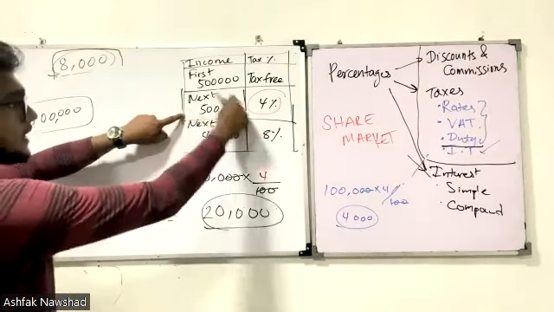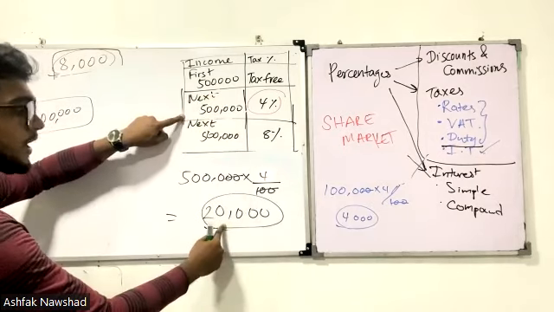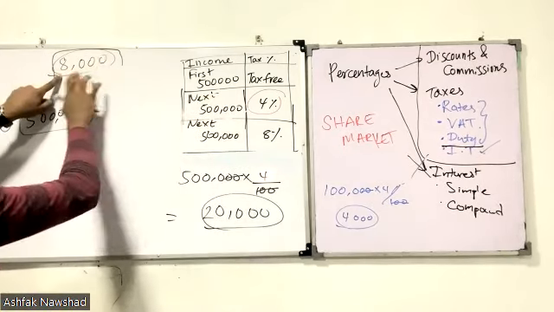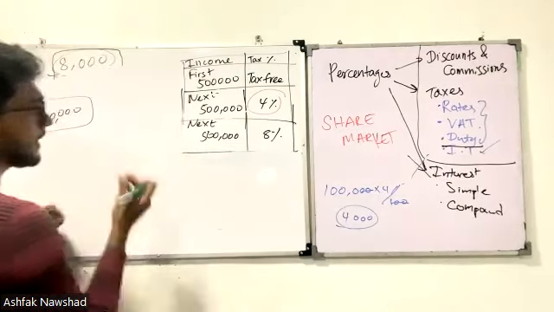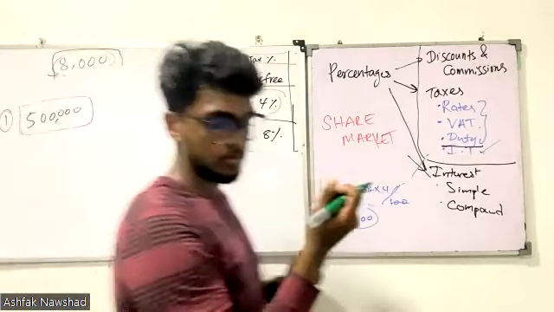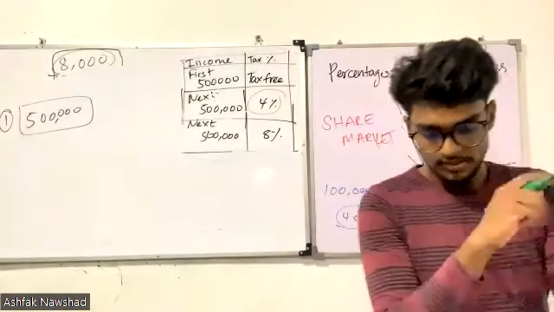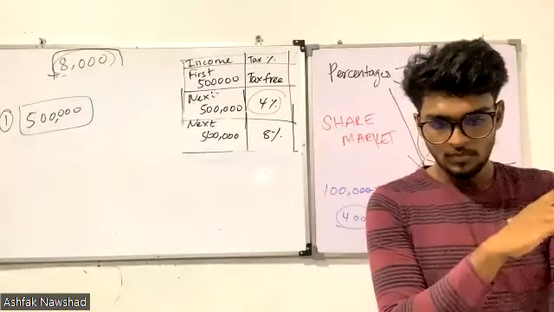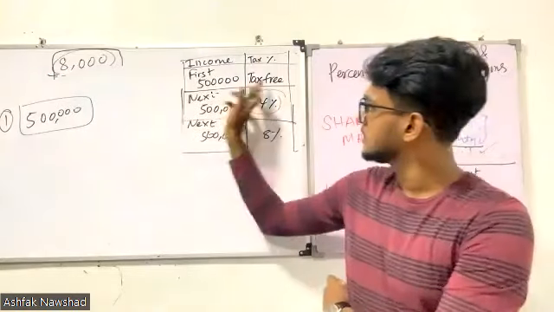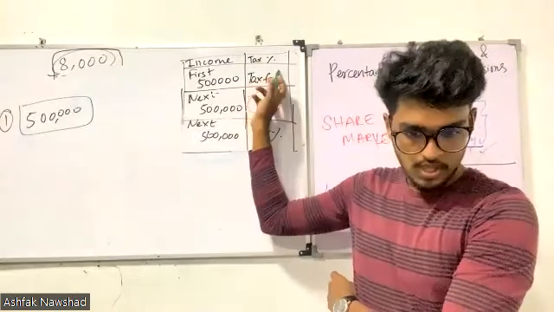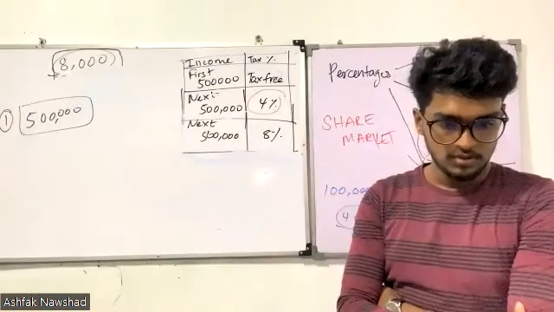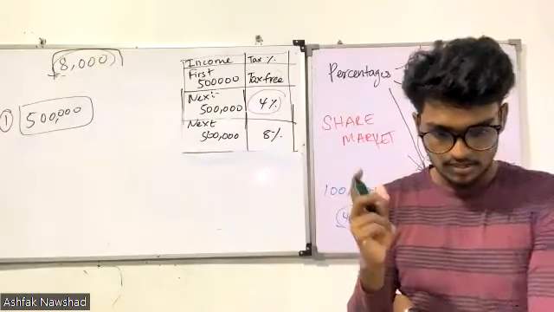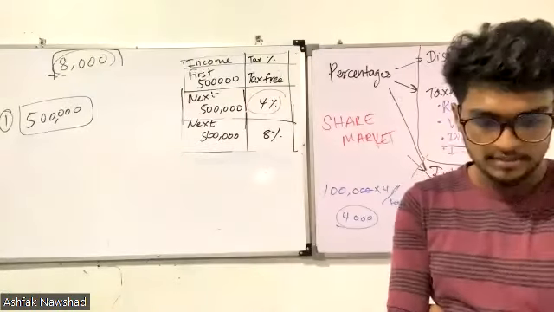If he earns another 500,000, he'd have to pay 20,000 as tax, but he pays less. So he earns less than another 500,000. We'll have to find that value. Is it clear up to this point? He definitely earns 500,000, and he definitely earns less than another 500,000. Just try understanding this. Yeah, I've been receiving final answers.